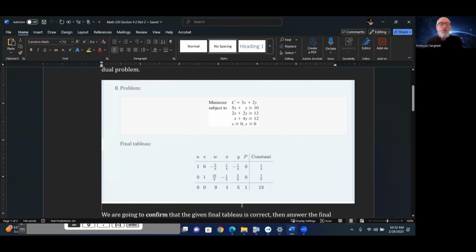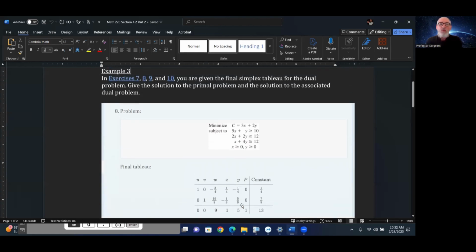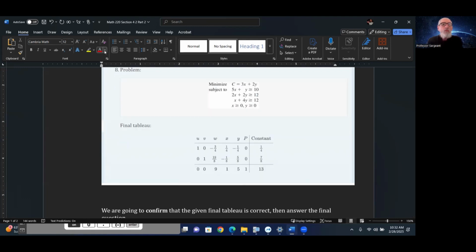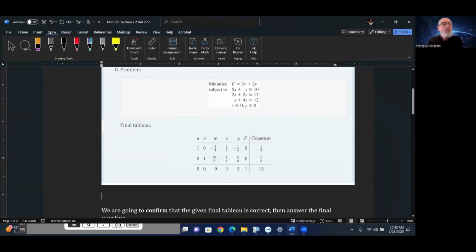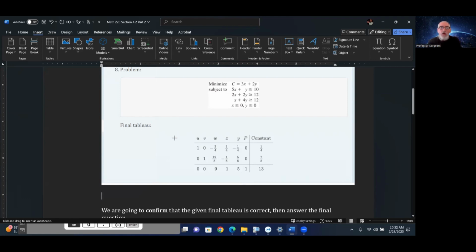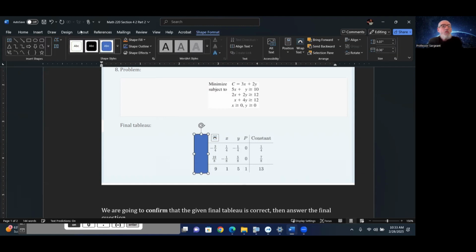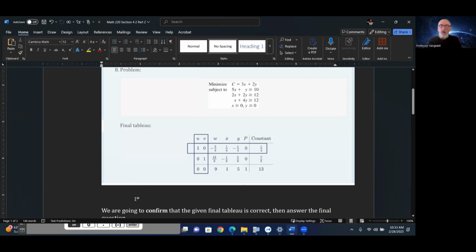Okay, so remember we wanted to read the solution to both the primal and to the dual. For the dual problem, our new variables were U, V, and W. We have unit columns for U and V. So for U, we see the 1 in row 1, and reading across to the far right, U would equal 1/4.